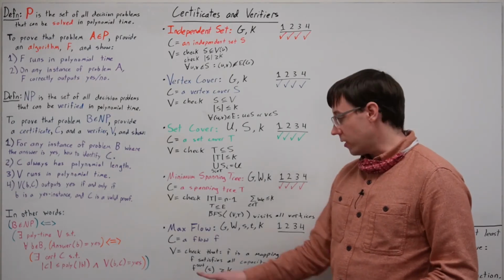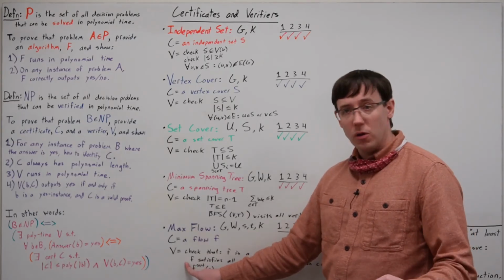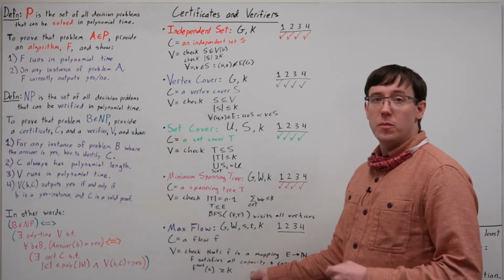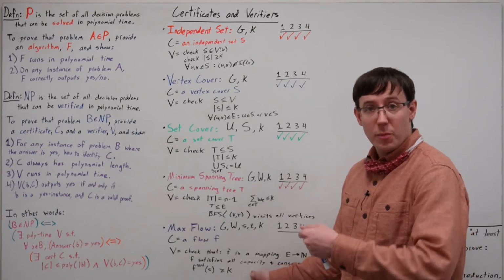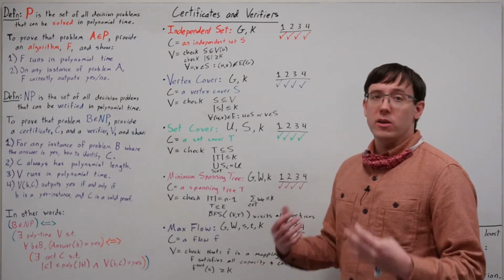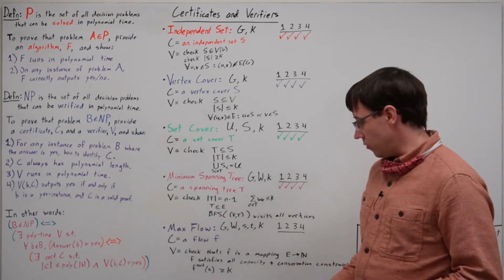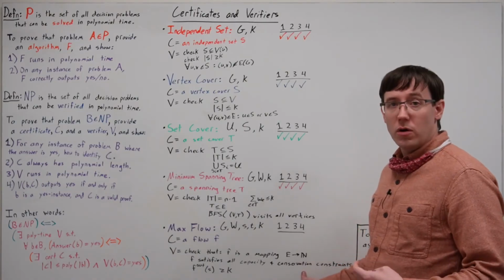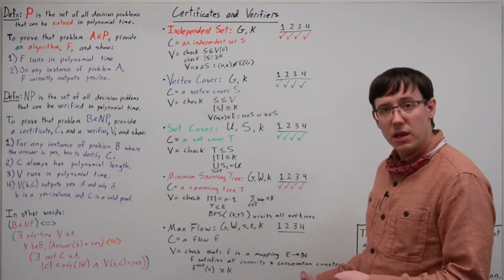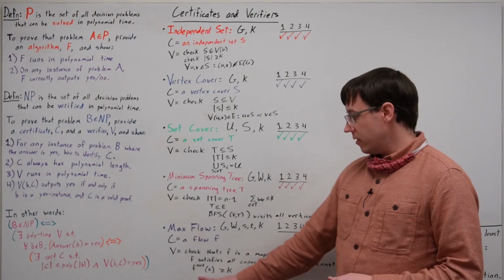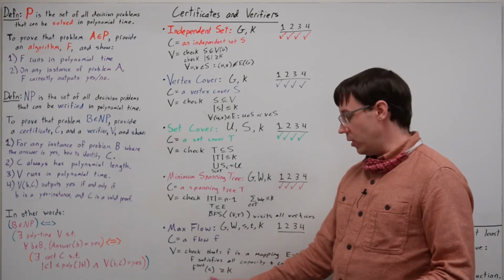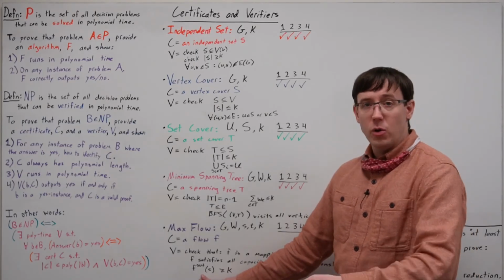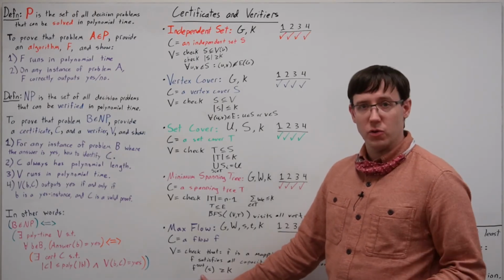And the thing that we are claiming in this certificate is a flow also satisfies all of the capacity constraints, being between 0 and capacity for every edge, as well as all of the conservation constraints, having inflow and outflow equal for all vertices except for S and T. And we have to check that the value of the flow is at least k, which we can do by adding up the flow on all of the out edges of the source.